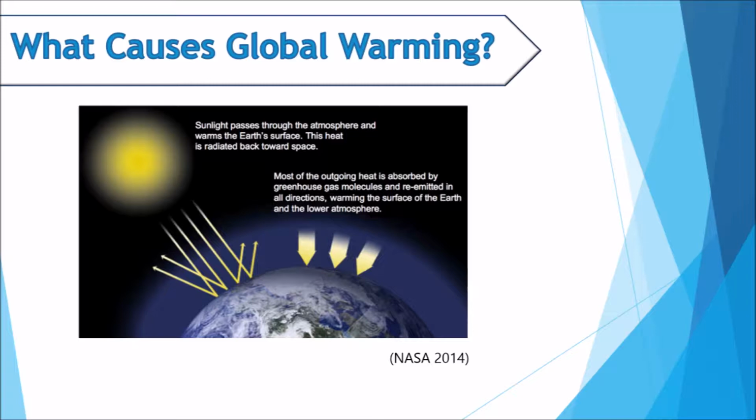Some of the gases in the atmosphere, for example carbon dioxide, are able to block the reflected ultraviolet rays from escaping and thereby trap them within the atmosphere. As the concentration of carbon dioxide in the atmosphere increases, so does the amount of ultraviolet rays unable to escape. This causes the temperature of the Earth's atmosphere to increase and is the cause of the phenomenon called global warming.